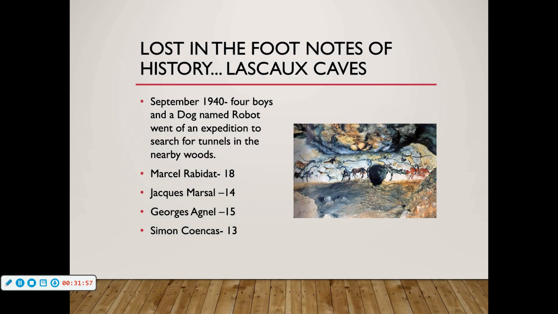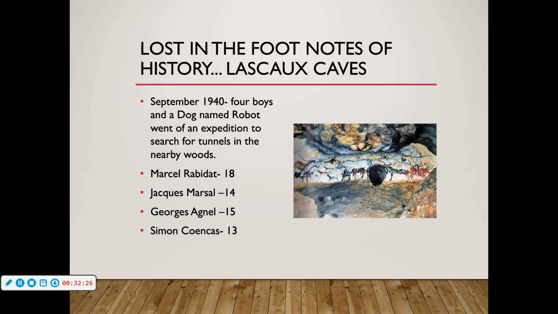Four boys and a dog named Robot went on an expedition to search the tunnels of the nearby woods. These boys were Marcel Ravidat, 18, Jacques Marsal, 14, Georges Agnel, 15, and Simon Coencas, age 13. I'm not sure about these last names.